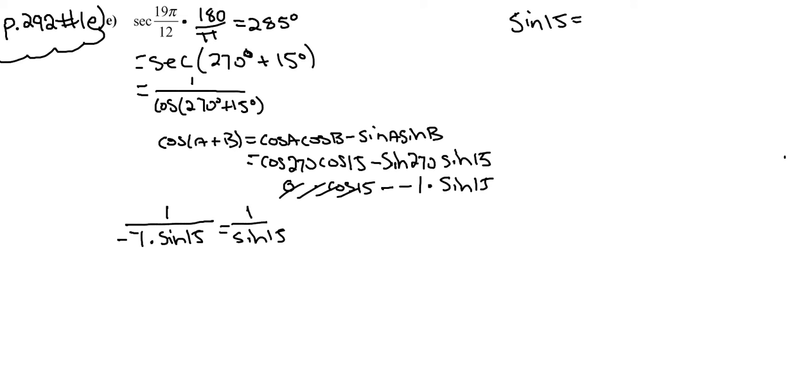Sine of 15 is equal to sine of 45 minus 30. And these are each angles that we know how to work with easily.